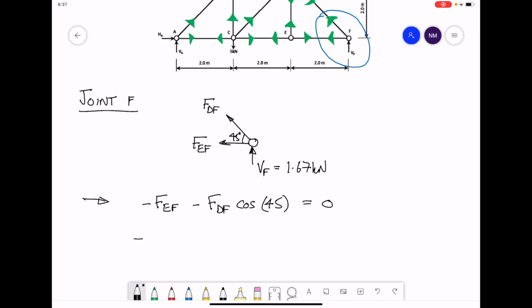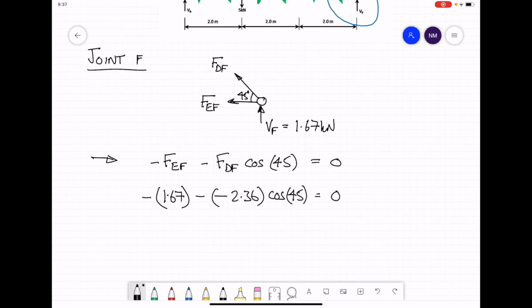We know previously our force EF was a value of 1.67. Force DF we had worked out to be minus 2.36 kilonewtons times the cos of 45 should equal 0. And simplifying this we get minus 1.67 plus, when we do the calculation we get a plus 1.67, and that indeed does add up to give you 0.